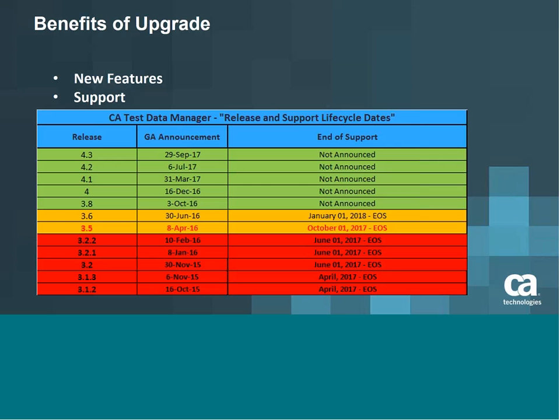So, benefits of upgrade, like why we need to upgrade. If you see the below table, version 3.5 and below are already not supported, and 3.6 will not be supported from next month.